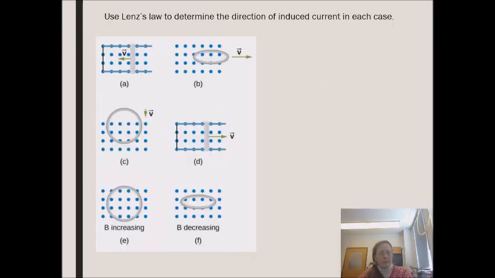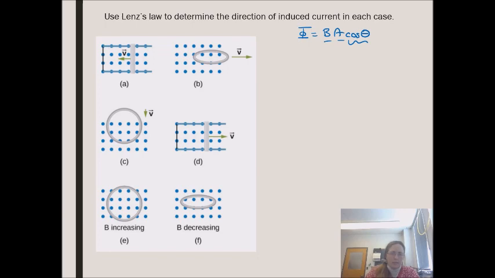So what does it mean that we are looking at an induced current opposing the change in magnetic flux? So magnetic flux is, again, Φ equals B times A times the cosine of theta. So we can change it by changing the angle. None of these examples here are going to look at the angle change. We're going to look primarily at B and A.